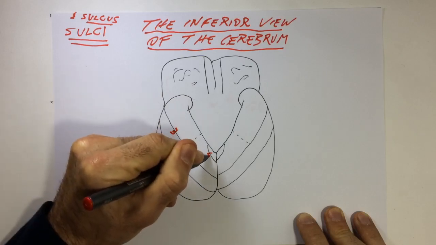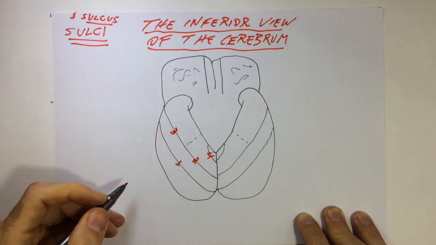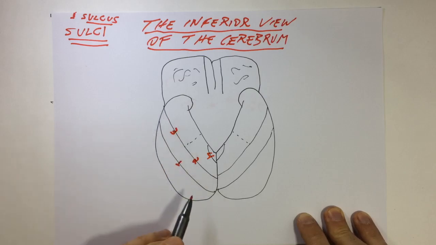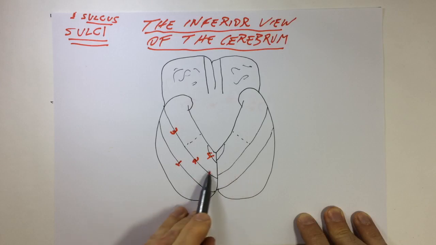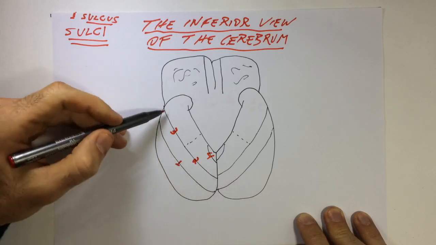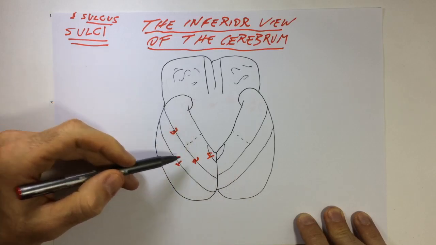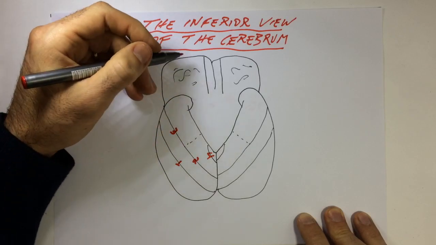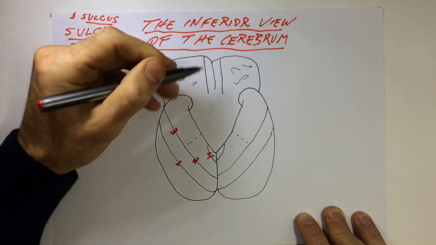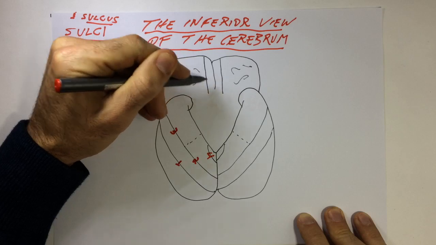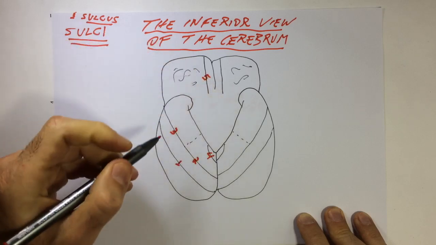And this little one here, 4. So those would be the sulci that start here in the occipital lobe and go all the way to the temporal lobe. Other than that, we also have 2 more here in the frontal lobes. So we have this one here, so that would be 5.